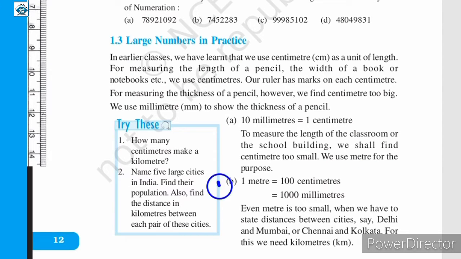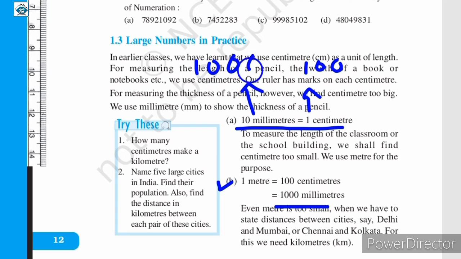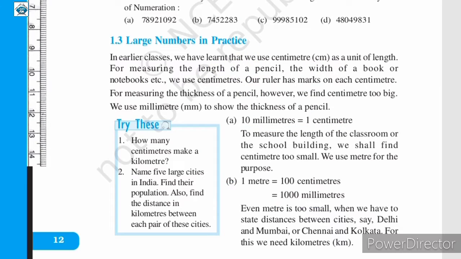And here 1 meter is equal to 100 centimeters, which is equal to 1000 millimeters because 10 millimeter is equal to 1 centimeter. So for 100 centimeter, we will multiply 10 with 100 as well. So we will get 1000 millimeter. So we can say 1 meter is equal to 1000 millimeters.